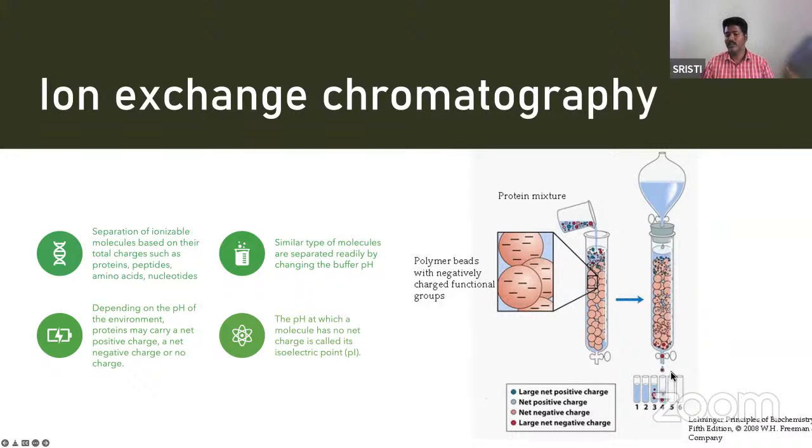So likewise, if you want to collect the positively charged molecules which are bound to the negatively charged polymer beads, then you need to change the pH of the buffer. By changing the pH of the buffer, you will be able to isolate different protein mixtures containing different charges. Okay, either a positive charge or a negative charge.